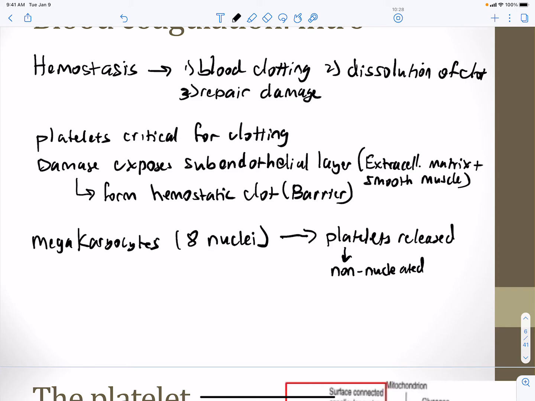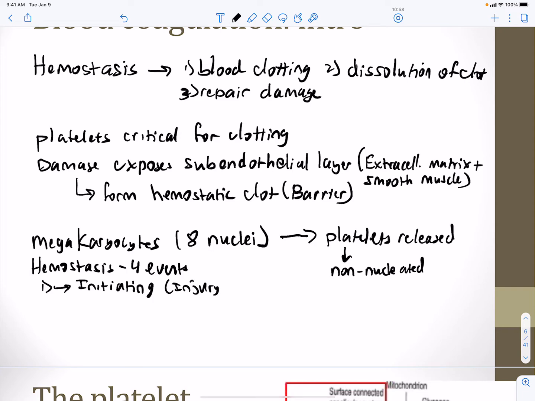Hemostasis, as we just talked about, is the process of blood clotting, and it has 4 basic events. The first is going to be some sort of injury, so you have an initiation phase, which is followed by vascular constriction to limit the blood flow.